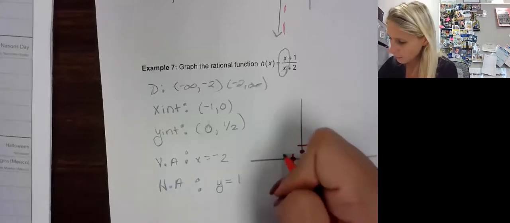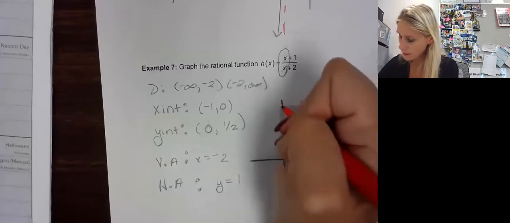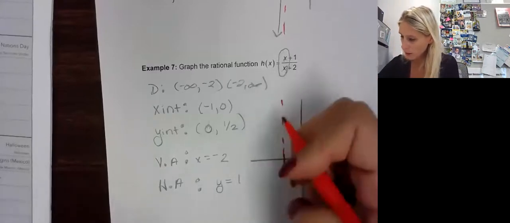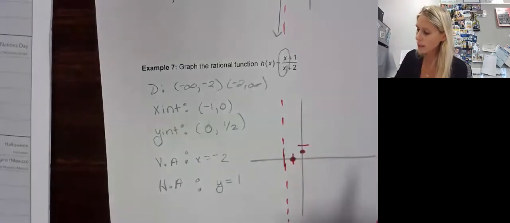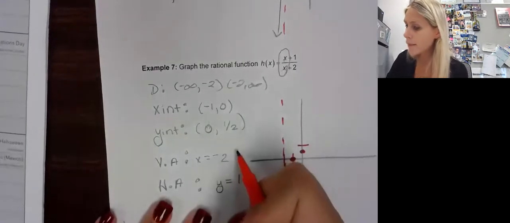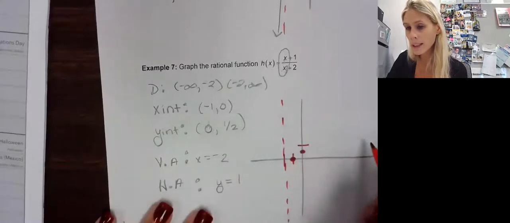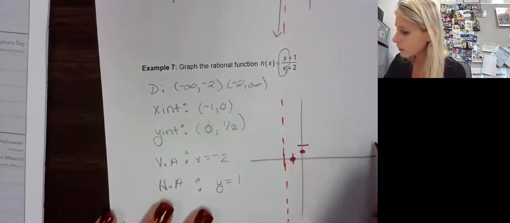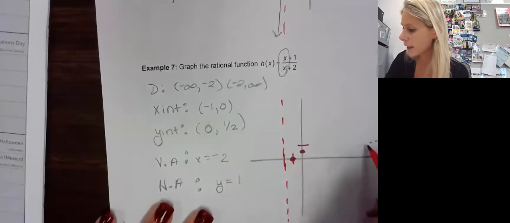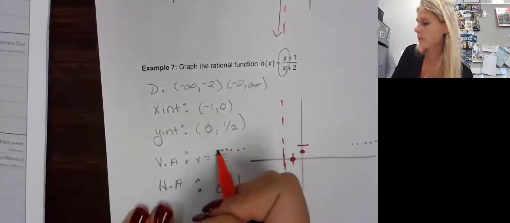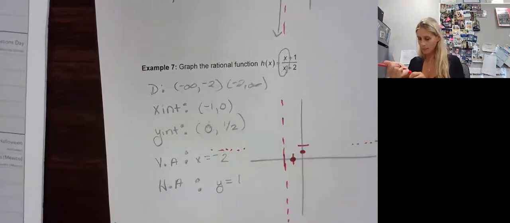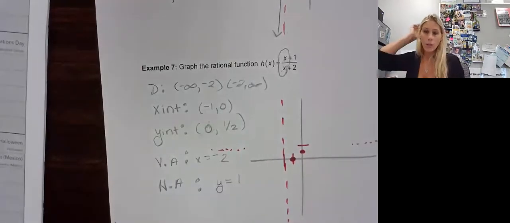We have a vertical asymptote at -2. And then we have a horizontal asymptote at 1. I am not going to do this across. I'm going to do this at the end of it. At the end. All right, now we're going to have to graph.